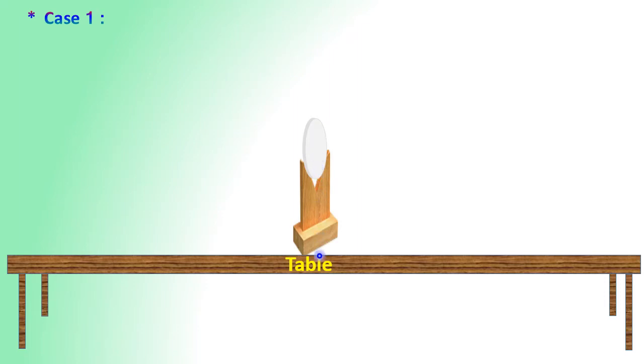Now here I will bring the screen from a certain distance slowly towards the lens to get the clear image on it. I will bring the screen slowly from this side slowly towards the lens until I get the clear image on it. See how.